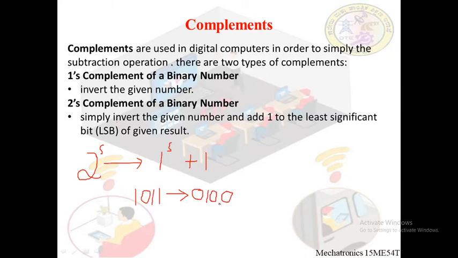Ones complement is done and we'll add finally 1 to the least significant bit. This is the least significant bit. Add 1 to this. 0 plus 1 is, by our thumb rules, 1. 0 comes back directly, nothing to add here. Again 1 comes directly and 0 comes directly. So this is the twos complement of the given number.